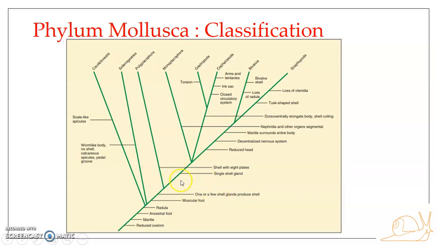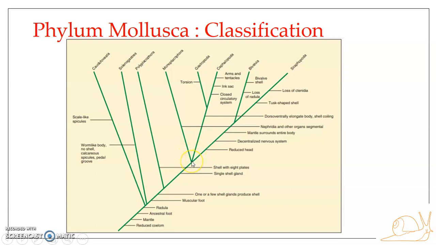Now, this ancestor with the shell and the muscular foot evolved further, and they had only a single shell gland. In the earlier ancestor, they had one or a few shell glands, but it got reduced to a single shell gland. So the later groups that evolved had only a single shell gland.